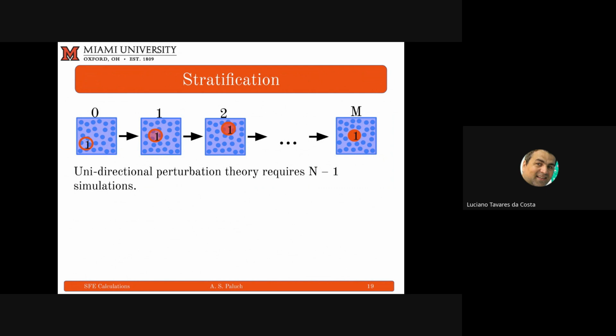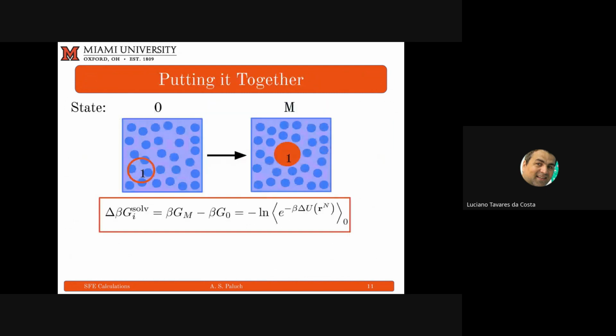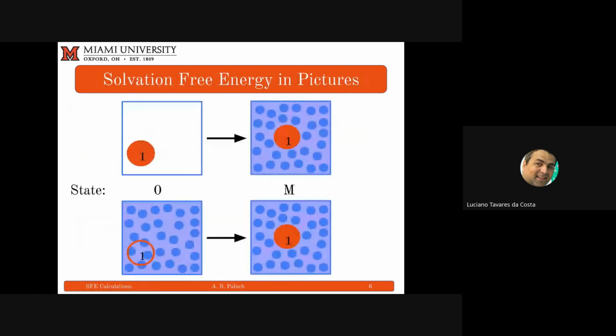So we can deal with, for example, the Lennard-Jones and Coulomb interactions between particles in the systems, but in the same way, we can vary the van der Waals and Coulomb interactions in each stage.